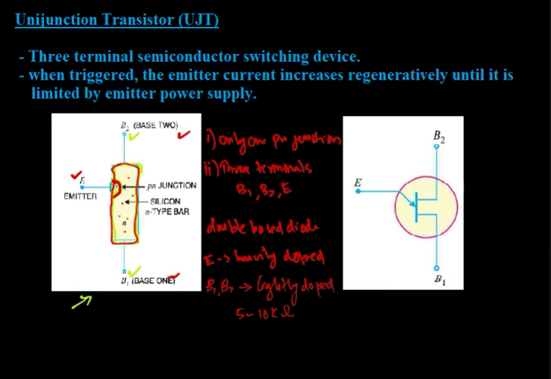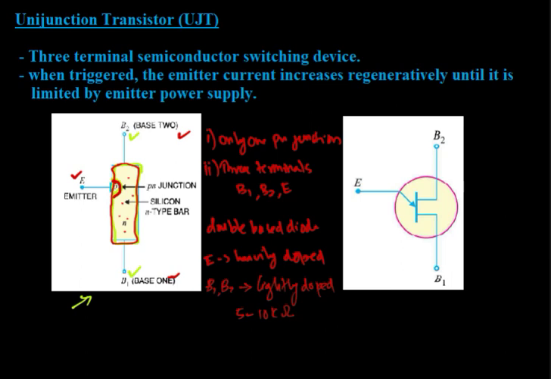But when the emitter circuit is open, this channel B1 B2 offers very high resistance, and you can see in the coming discussions how this resistance of the B1 B2 terminal has been reduced by applying the emitter voltage, so that will be clear when we are discussing the operation of the unijunction transistor.